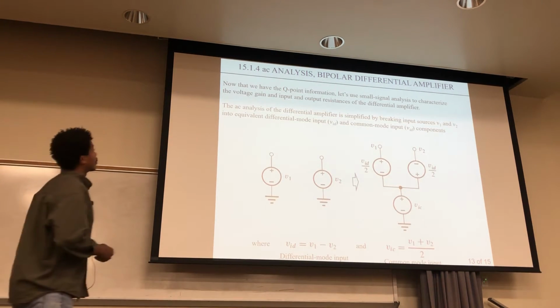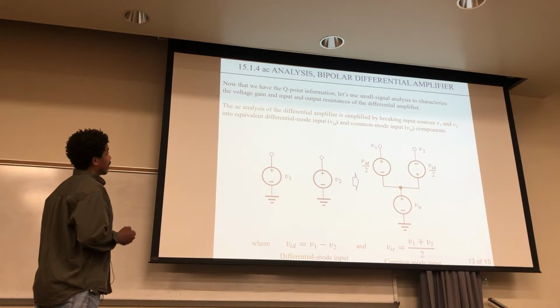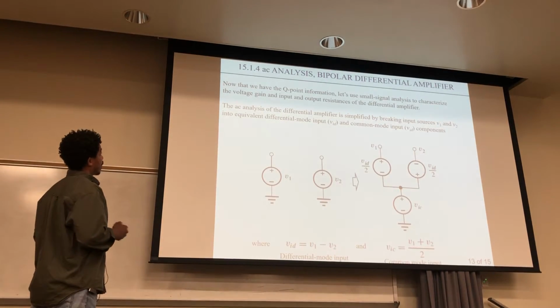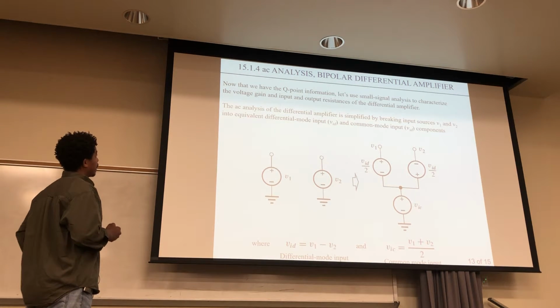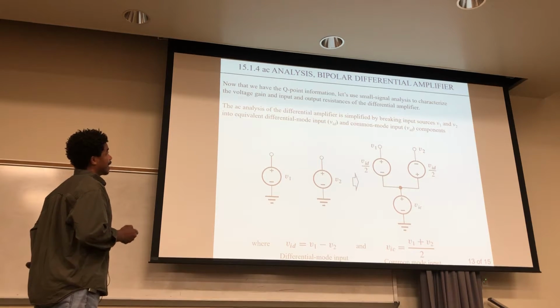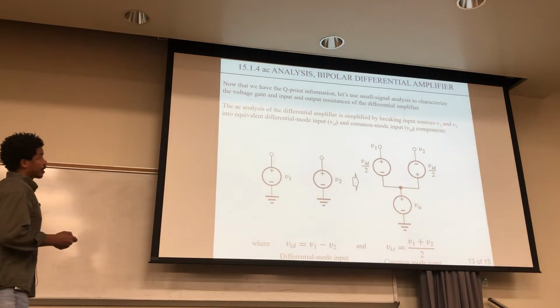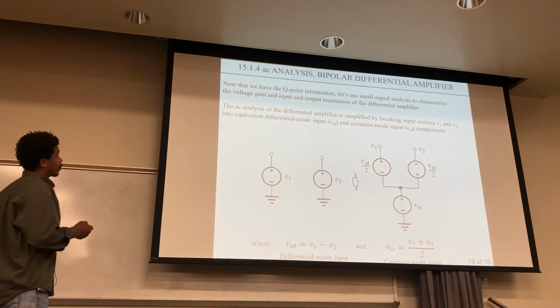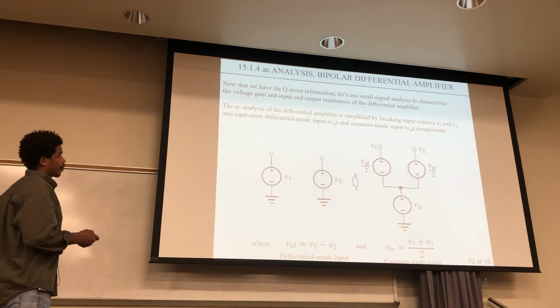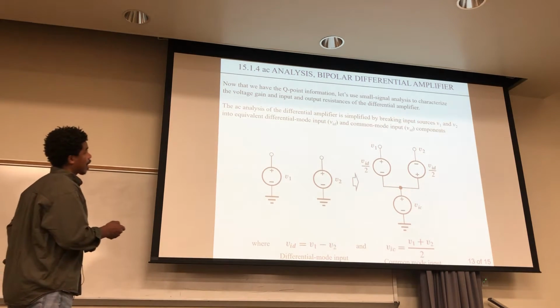Now that we have the Q point information, let's use small signal analysis to characterize the voltage gain and input and output resistances of the differential amplifier. The AC analysis of the differential amplifier is simplified by breaking up the sources V1 and V2 here and here into equivalent differential mode, this right here, and common mode.